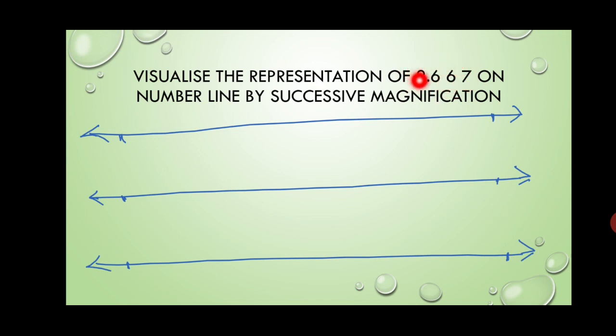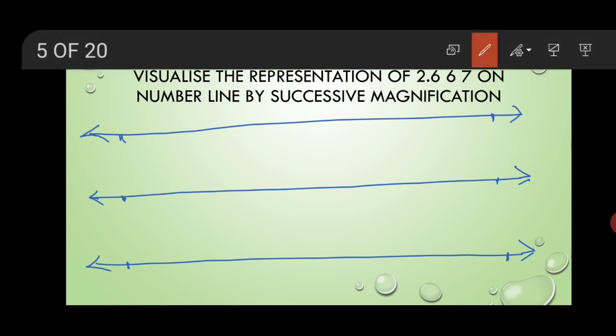It is more than 2 and less than what? 3. Now divide this into equal 10 parts. Take each part as 1 centimeter because we took a 10 centimeter length.